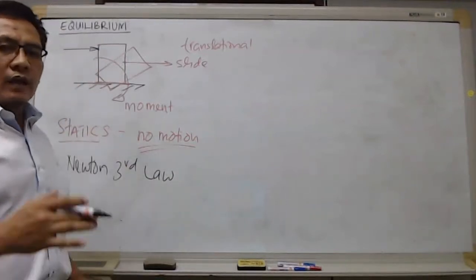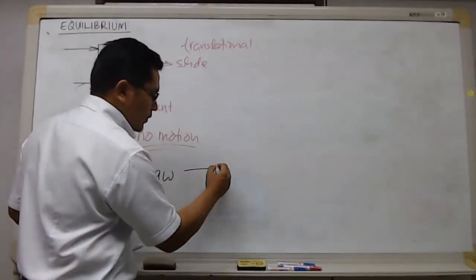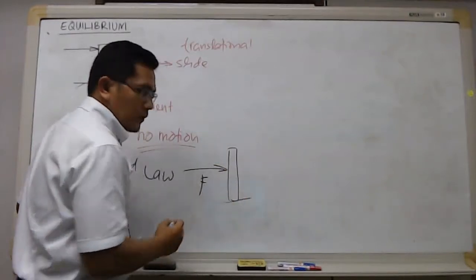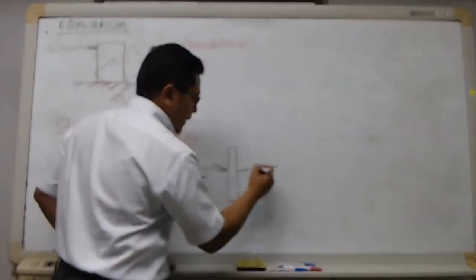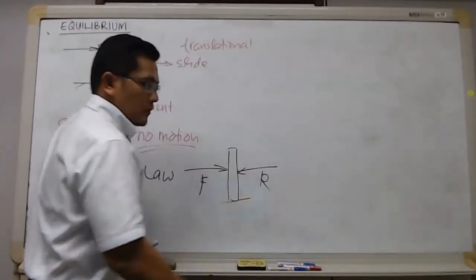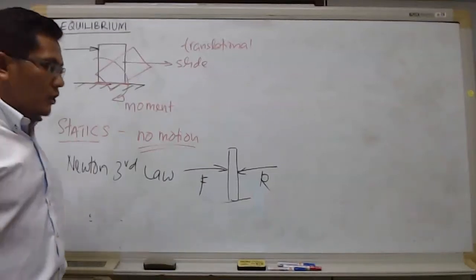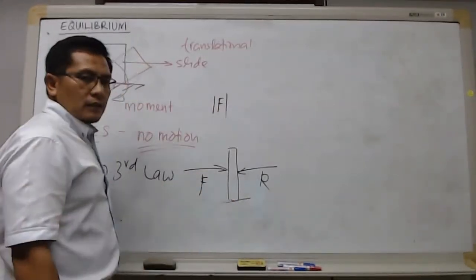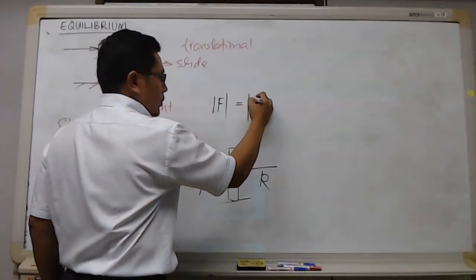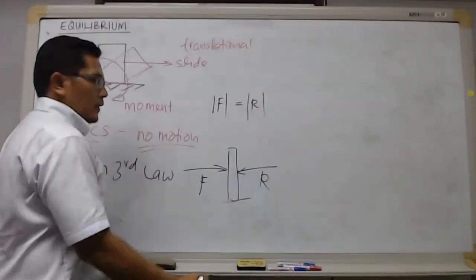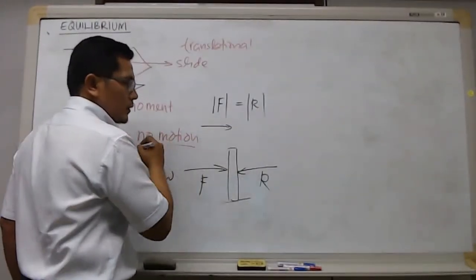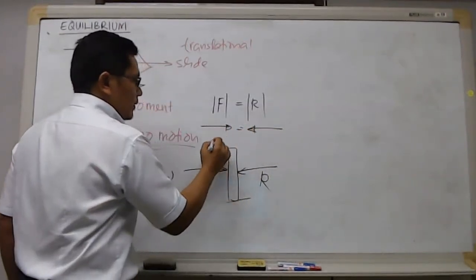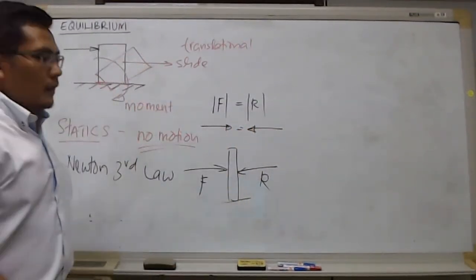saying that whenever there is a force applied to any body, then there is a reaction, of which the magnitude of the force is equal to the magnitude of the reaction. The direction of the force is opposite to the direction of the reaction.